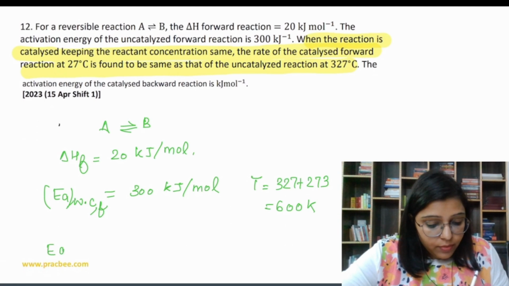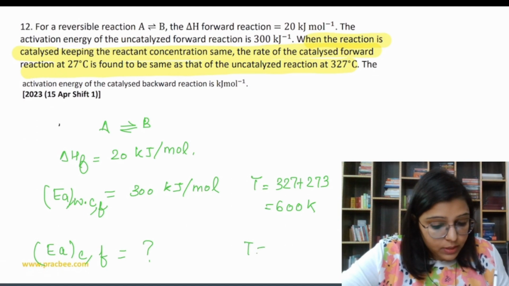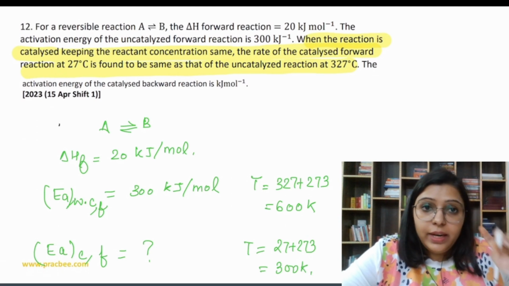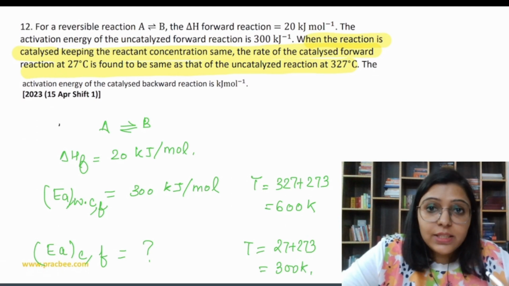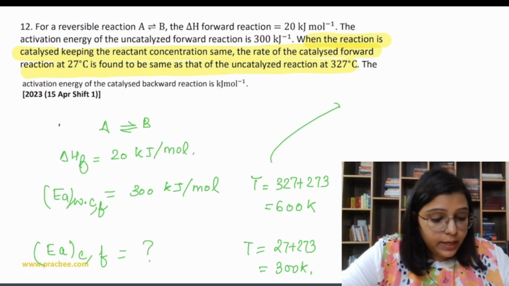Now we have activation energy for the catalyzed forward reaction, which we have to find out, but here temperature is 27 plus 273, which is equal to 300 Kelvin. When the reaction is catalyzed, keeping the reactant concentration same, the rate of the catalyzed forward reaction at 27 degrees Celsius is found to be same, that is, rate is same.